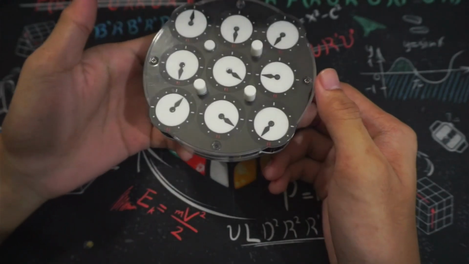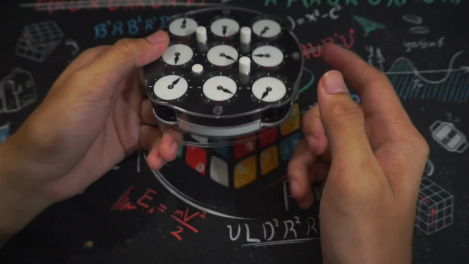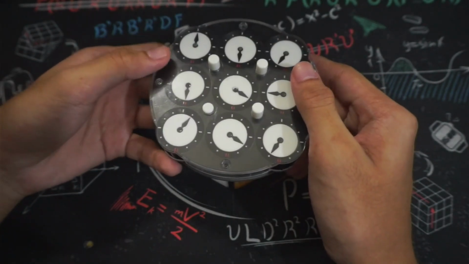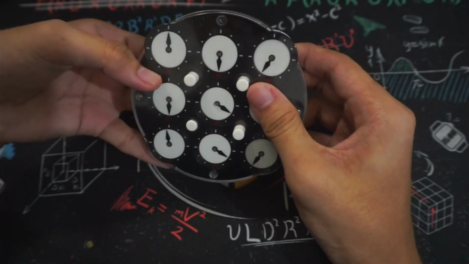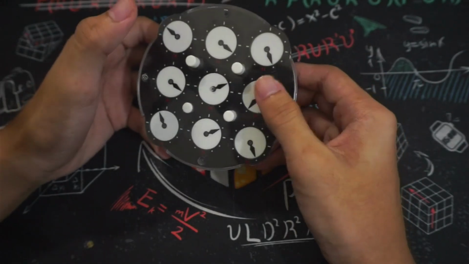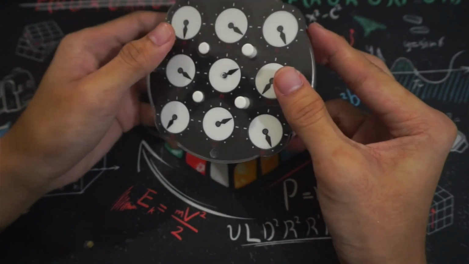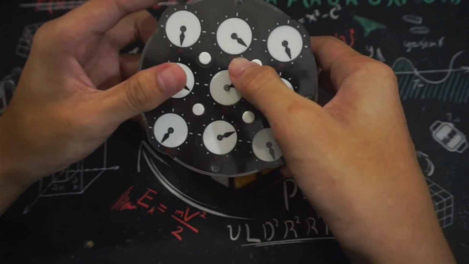So then to start execution, put this pin placement, then BB, like so. Put this down, DO, then no moves here, then solve the square.